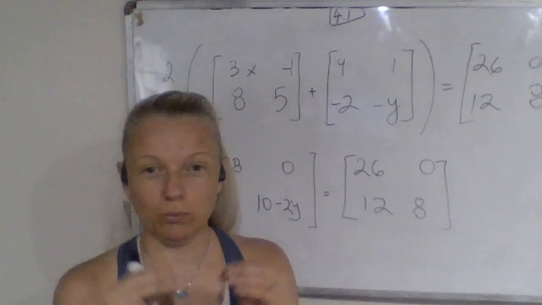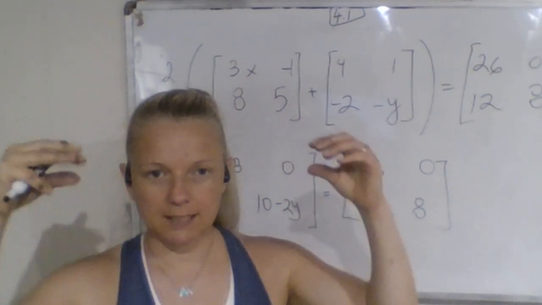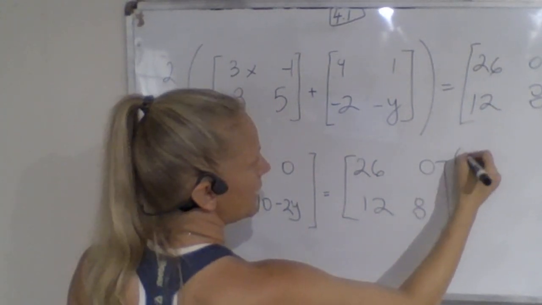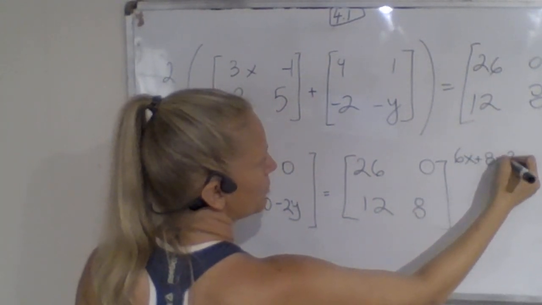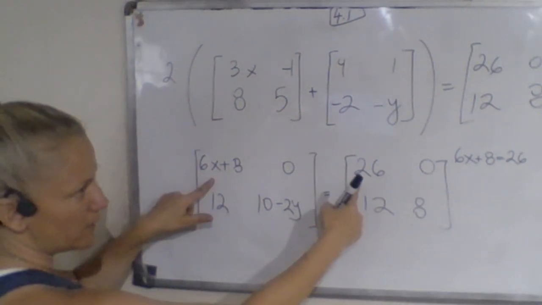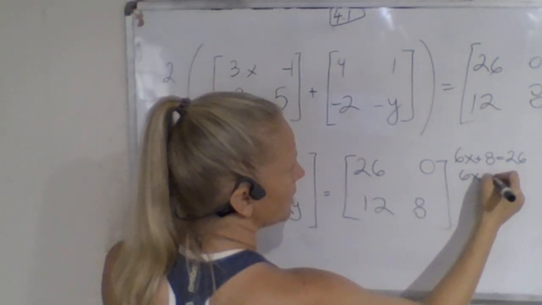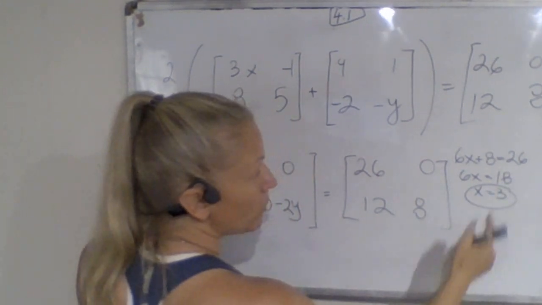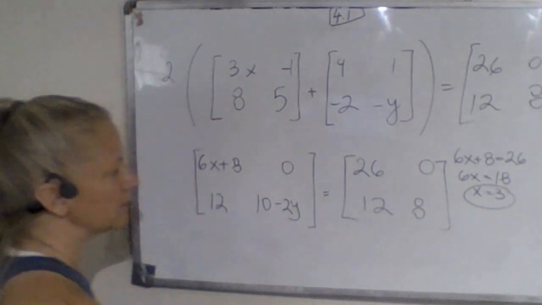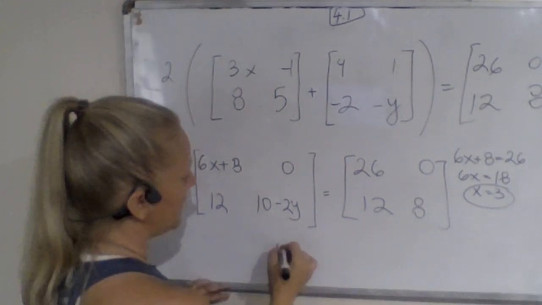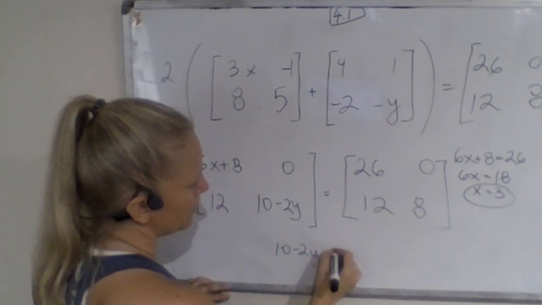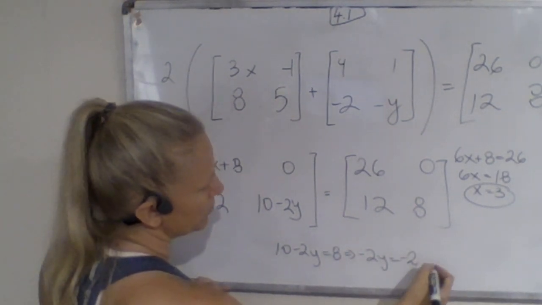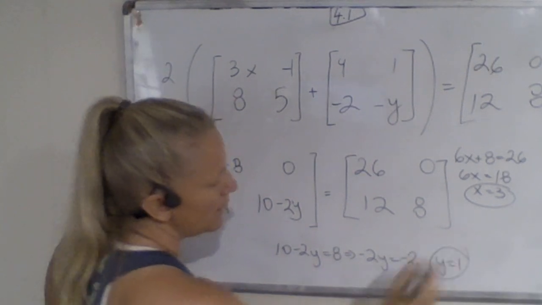Remember when we said 2 equal matrices? That means each of their terms equal each other, which means 6x plus 8 needs to equal 26. This needs to equal this, which means 6x equals 18, x equals 3. 26 minus 8 is 18. And then look on the bottom, 10 minus 2y needs to equal 8, or negative 2y equals negative 2, y equals 1.